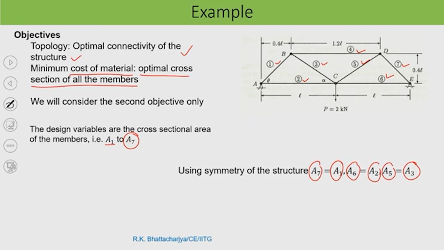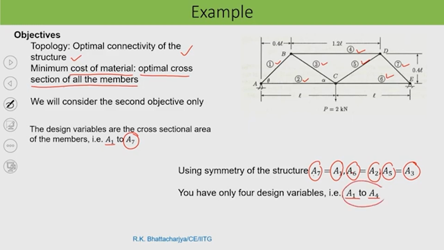So, if I use the symmetry of the structure in this particular problem, the cross sectional area of the 7th member equals that of the first member, then A6 equals A2 and A5 equals A3. So, in that case, I can only consider A1 to A4, because A5 equals A3, A6 equals A2 and A7 equals A1.